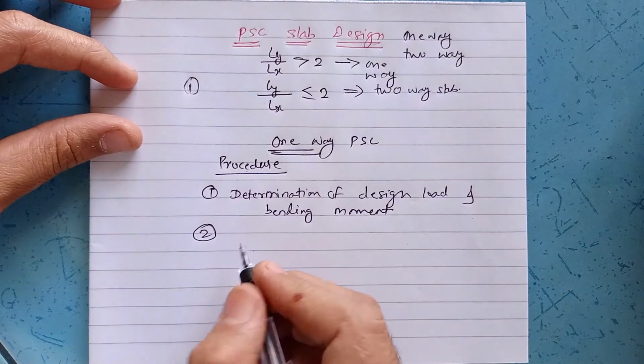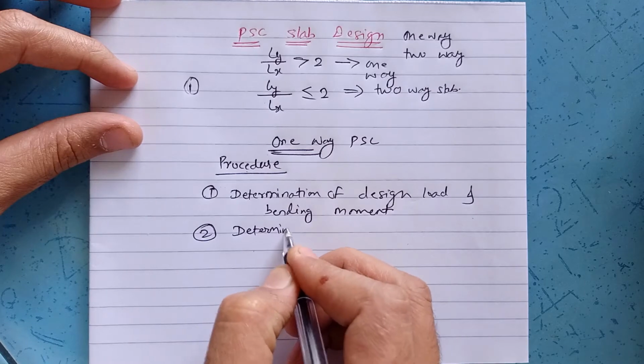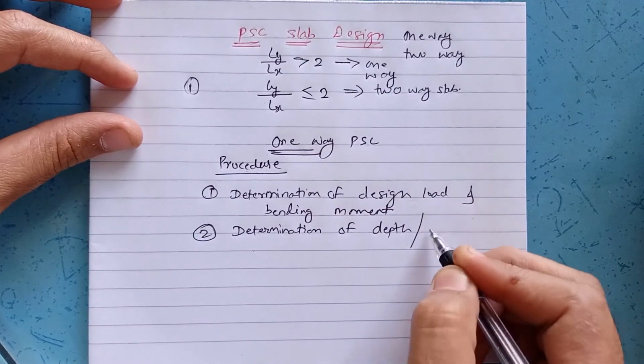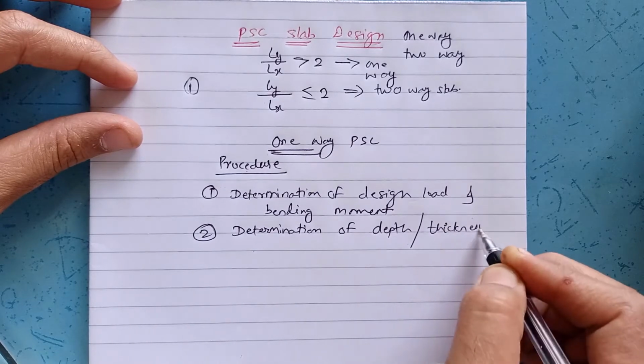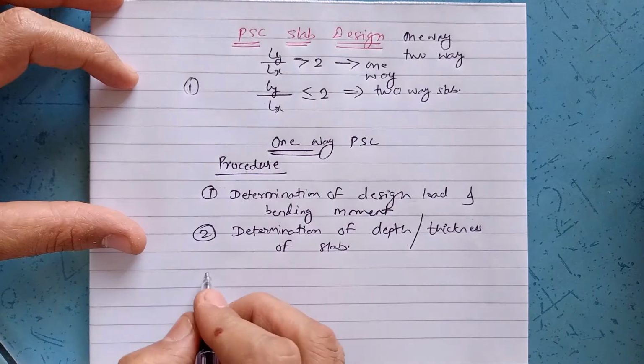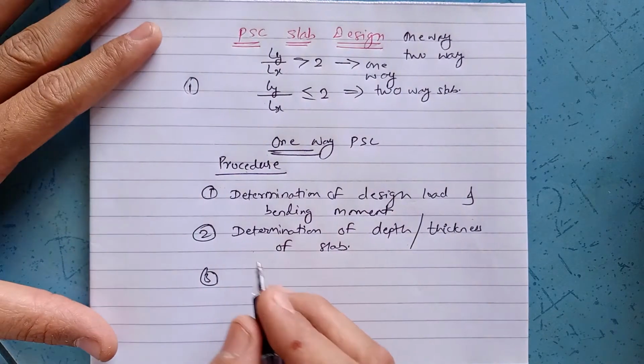Second step will be determination of the depth or thickness of the slab. Third step would be determination of the design data.